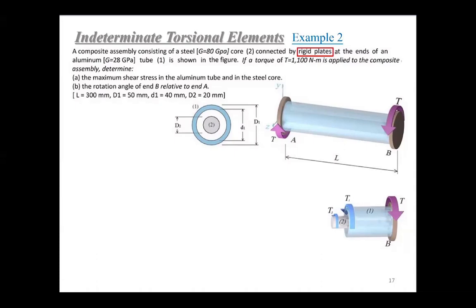A composite shown here has two components. 2 is a steel, and 1 will be an aluminum tube, okay? And you add a torque T equals 1,100 Newton meter. Then determine the maximum shear stress and the rotation angle of B relative to A.